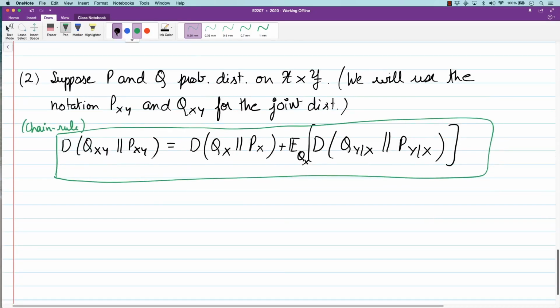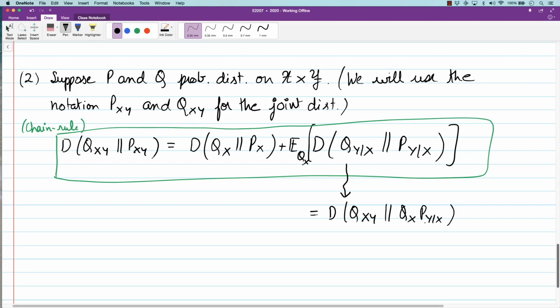For this second quantity, you can verify for the discrete case that it is also equal to the divergence between Q_XY and Q_X P_{Y|X}.